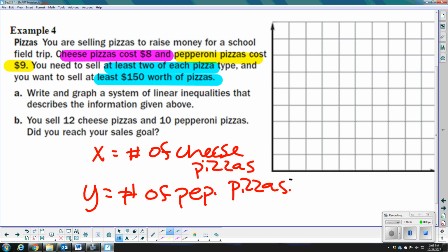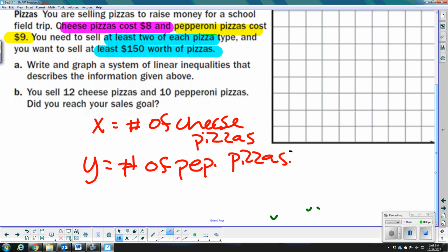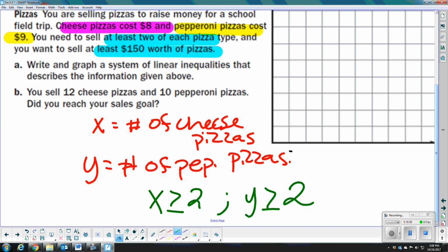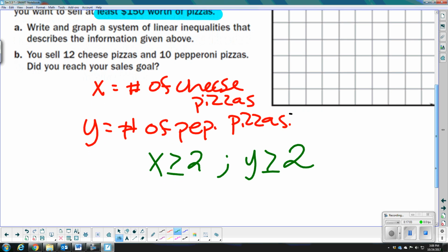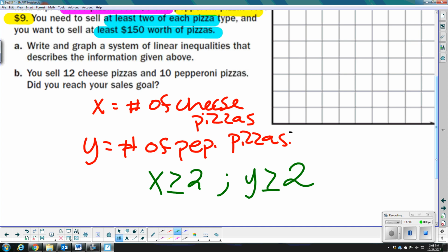So with this, we need to write inequalities related to X and Y. If we want to sell at least 2 of each type of pizza, then our X has to be greater than or equal to 2, and our Y has to be greater than or equal to 2. And then we have at least one other thing that we know. It says that we want to sell at least $150 worth of pizzas.